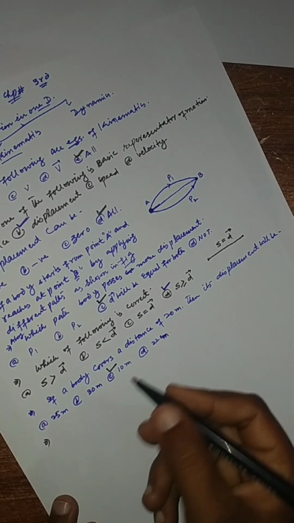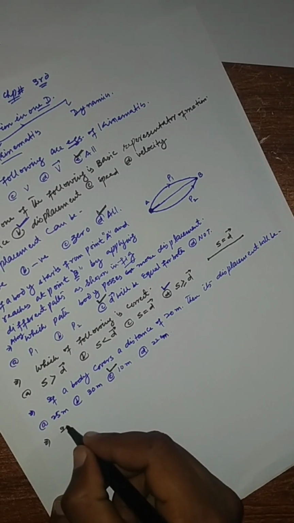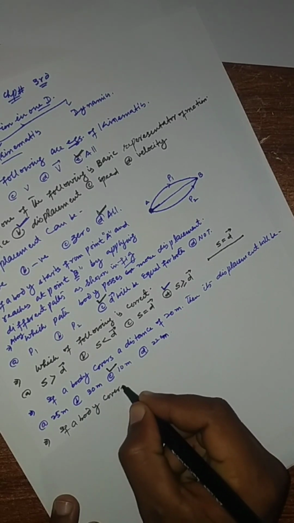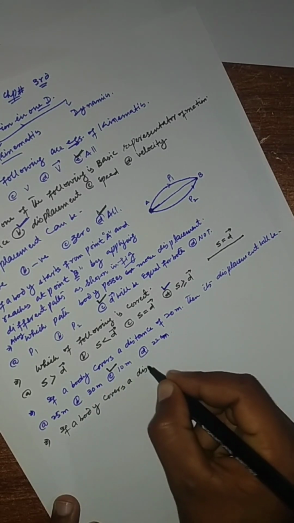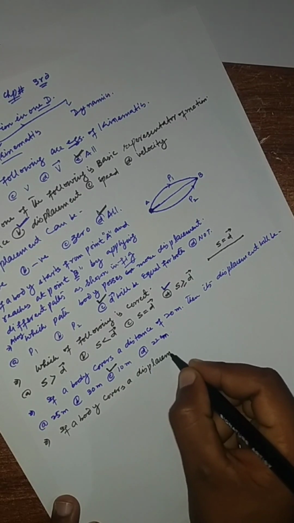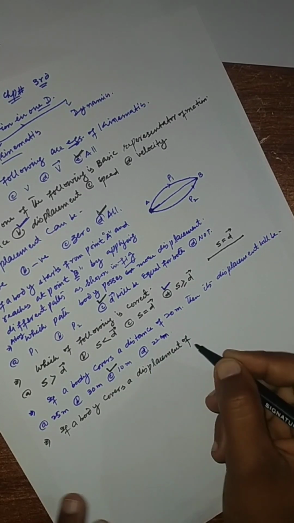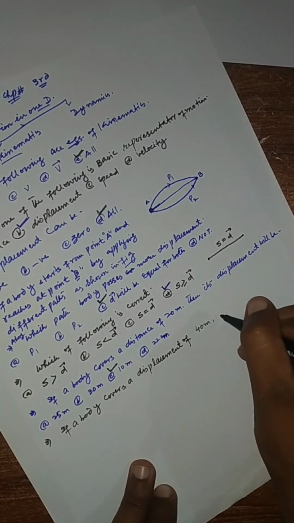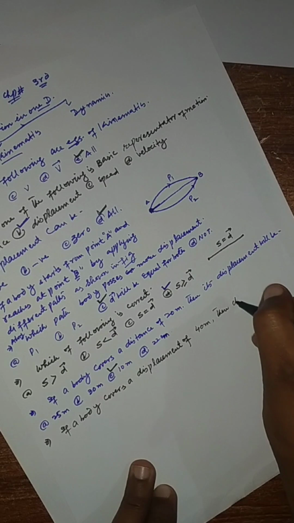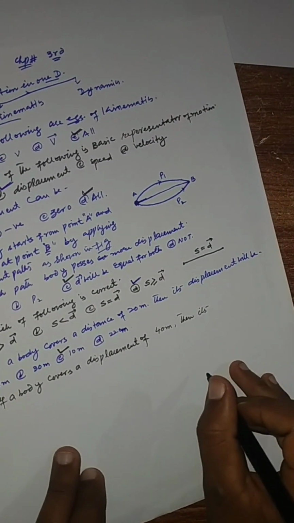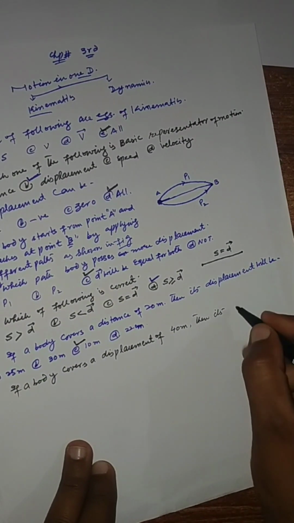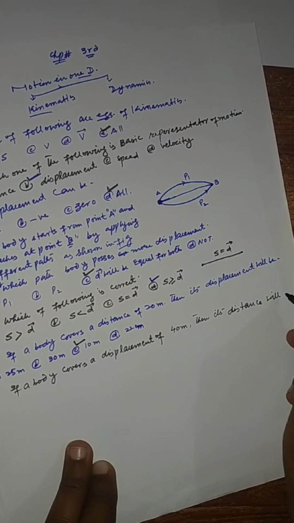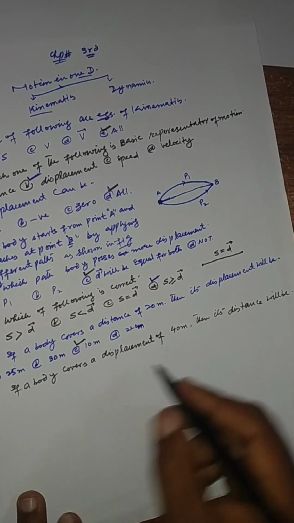If we say another, if a body covers a displacement of let's say 40 meter, then what will be its distance?